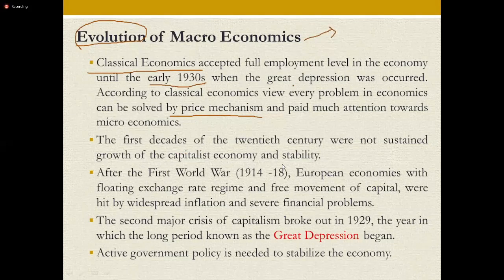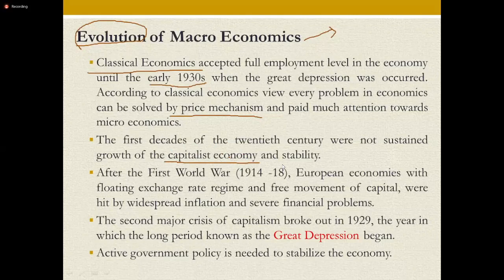So we can identify three types of economies, right? Command economy, capitalist economy, and the mixed economy, right? Mixed economy means the economy has the characteristics of command economy and capitalist economy. Simply, capitalist economy means the economy that is governed by supply and demand forces.